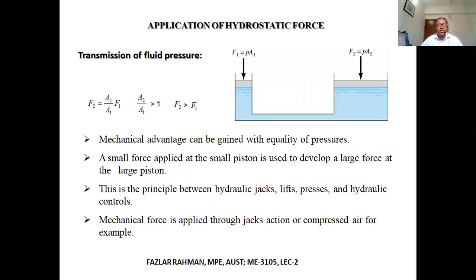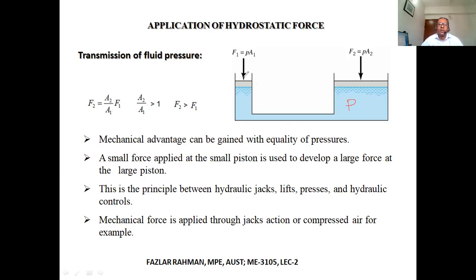Right over here, they are showing how you can get a higher force by applying a little force to the fluid, by applying the fluid law. So if you see right over here, inside the fluid the pressure is P. If the fluid pressure is P, how much will be the force over here?